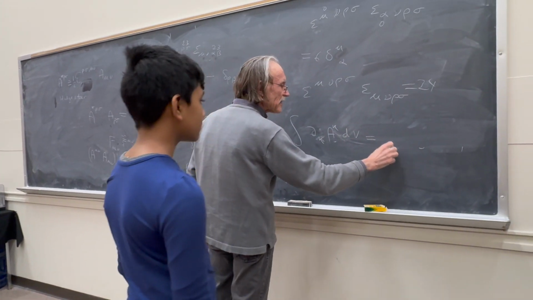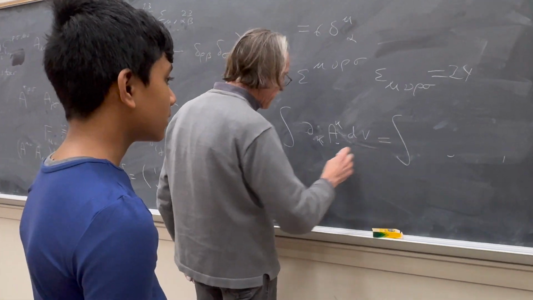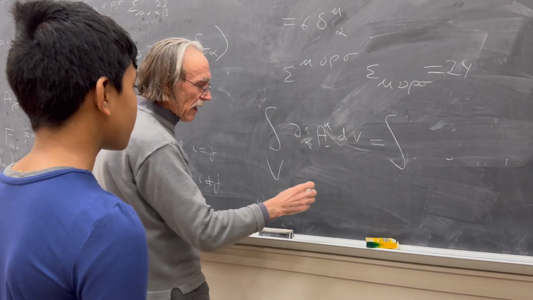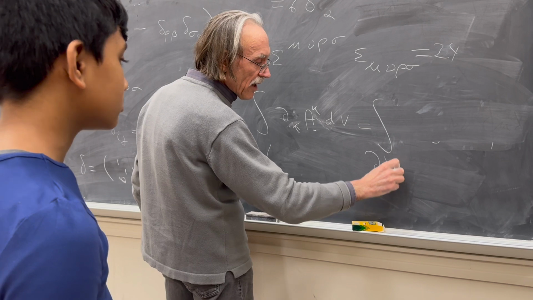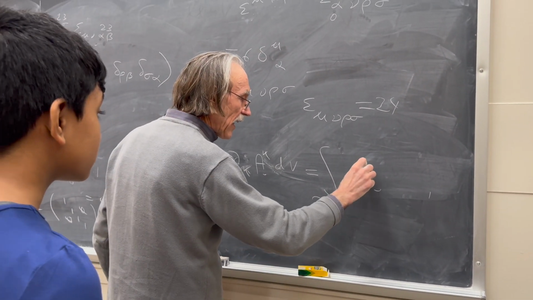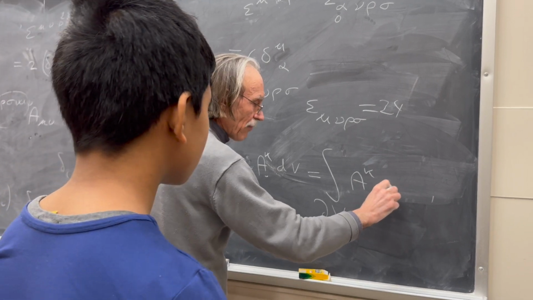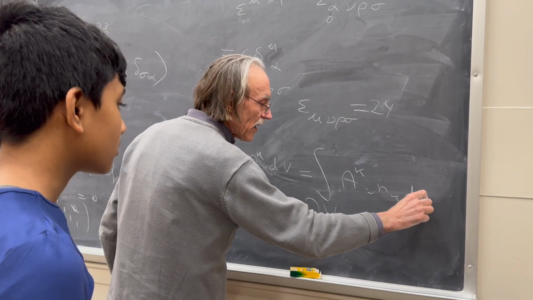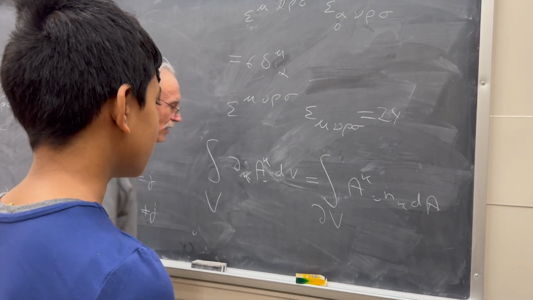You can write it as an integral over the surface of the volume of A k times n k, that's the normal, and it's a surface integral, dA.